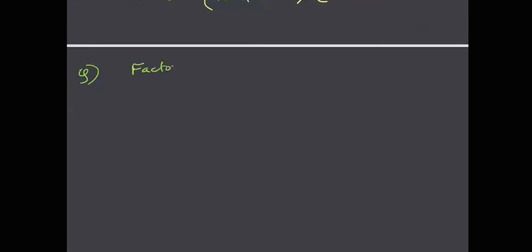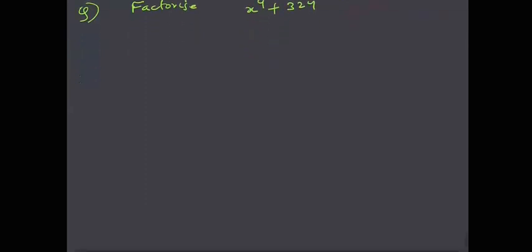So you need to factorize x power 4 plus 324. Okay, factorize x power 4 plus 324. So whenever I see this, I'm remembering this formula: a power 4 plus 4b power 4.